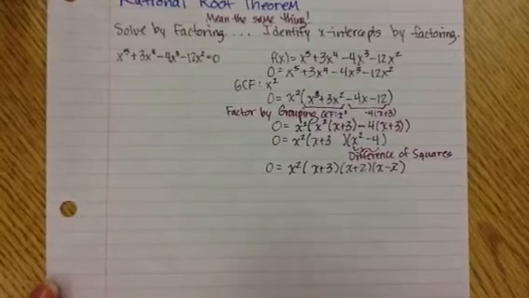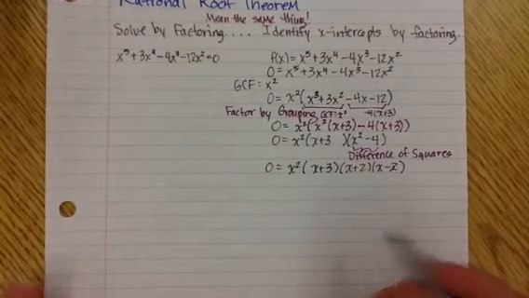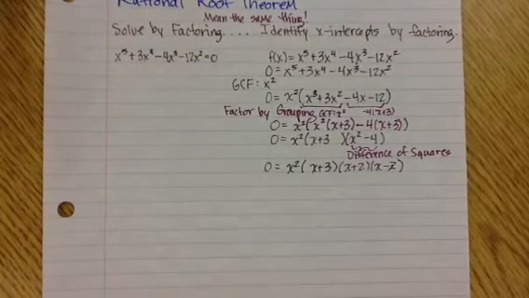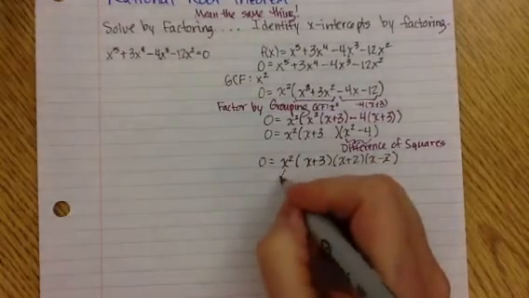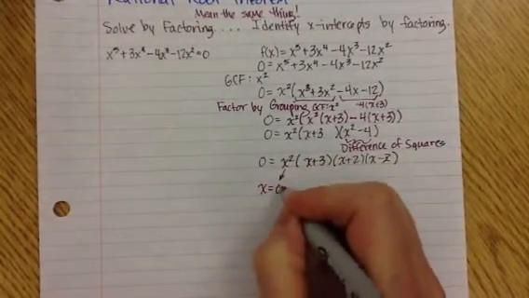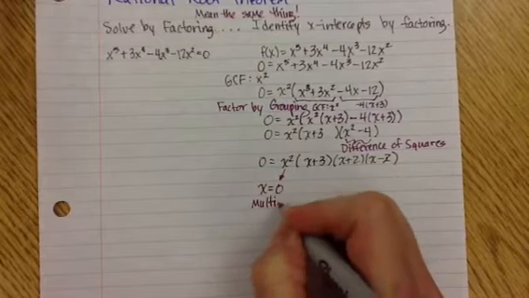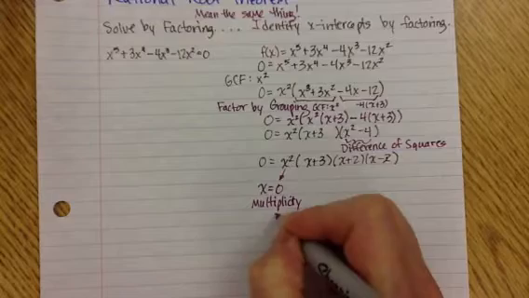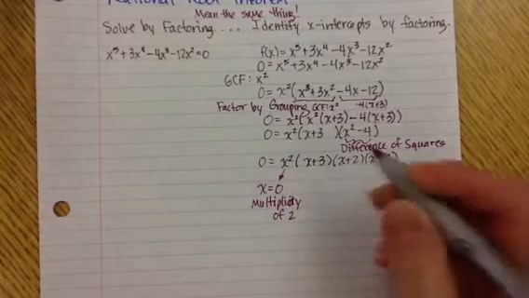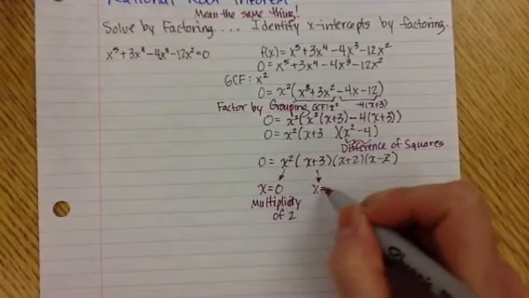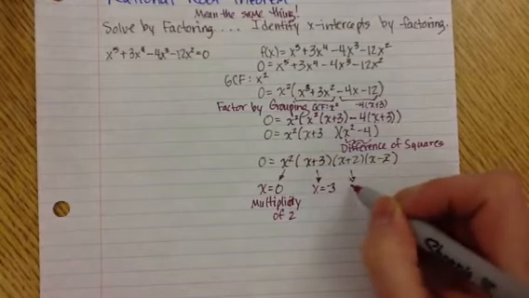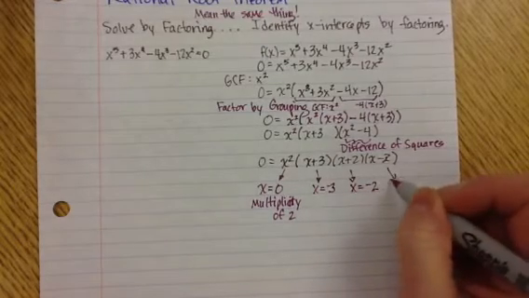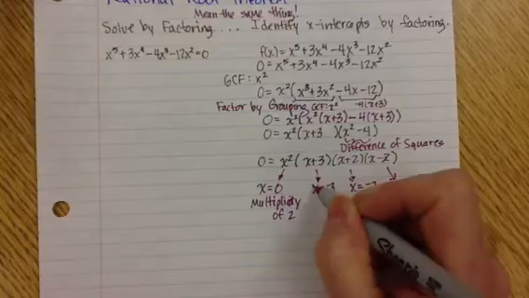And now I have this whole thing completely factored, and that is going to give me a set of x-intercepts. This one is x equals 0, and that has a multiplicity of 2, and then x equals negative 3, x equals negative 2, and x equals 2.